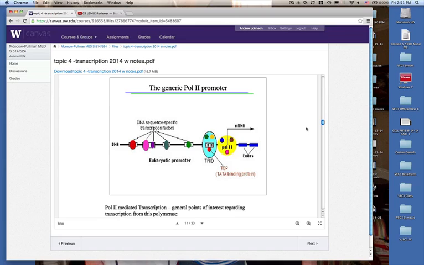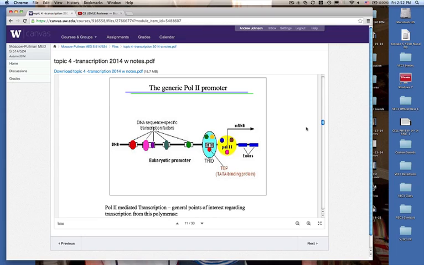And these enhancer sequences can be upstream, they can be downstream, they can be within the transcript itself, it doesn't really matter. So there's a term that I want you to keep in your head, upstream and downstream. Those are things that we're going to utilize a lot for the next 2 weeks.